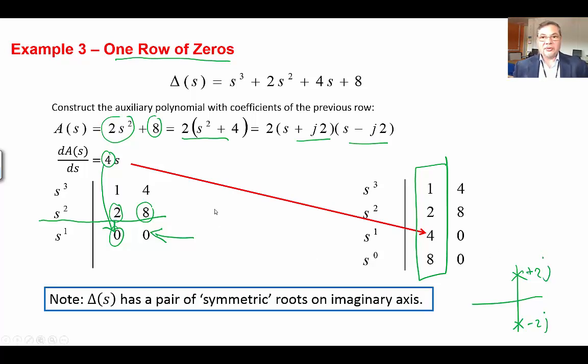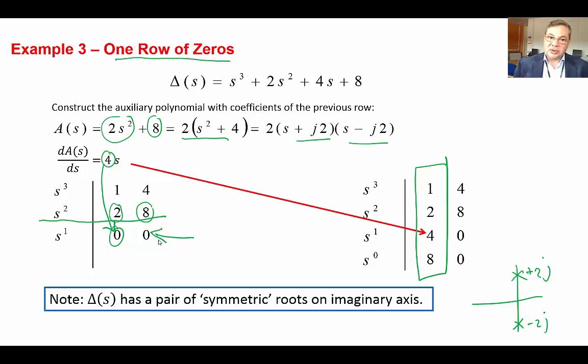So we know from the Routh array that when we end up with a row of zeros, that indicates symmetric poles, of course, on the imaginary axis. And that means the system is at the edge of stability. Stable, but at the edge of stability.